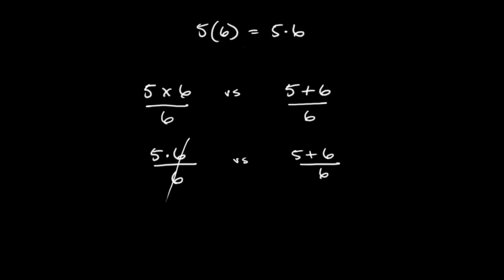This and this are exactly the same thing. Which means that I can write this as 5 times 6 over 6, and this cancels out. What you're trying to do is simplify things down, and that's the reason why you are taught to find the least common denominator, because you're trying to avoid bigger numbers, right?